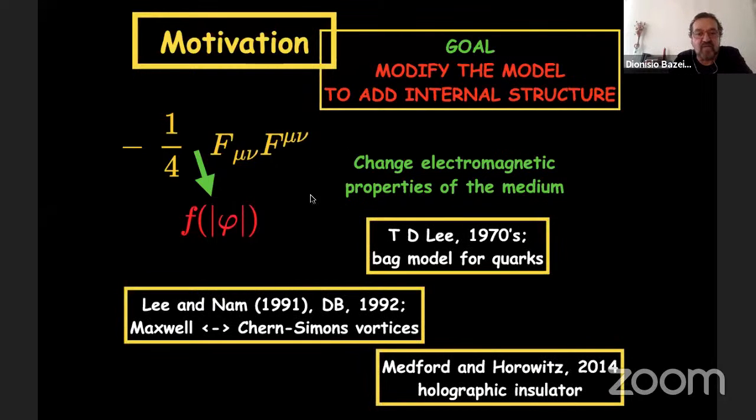And I remind you that this was done in the 1970s by T.D. Lee, when he was interested in studying bag models for quarks, and later in the beginning of the 1990s by Lee, Nam, and myself, studying features of Maxwell and Chern-Simons vortices.